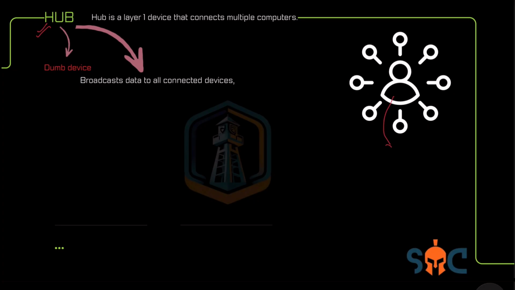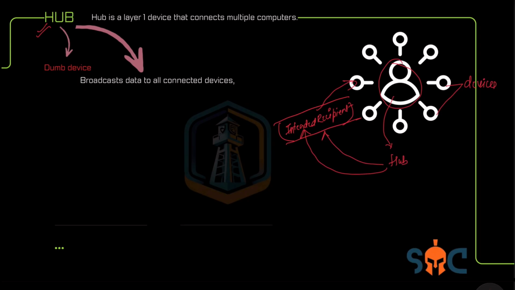Let's consider this as a hub and all these as devices, and among all these devices there is one intended recipient, which was supposed to receive the message from the hub. What the hub actually does is, instead of sending data to the intended recipient, it broadcasts the message to all the devices which are connected to the hub.